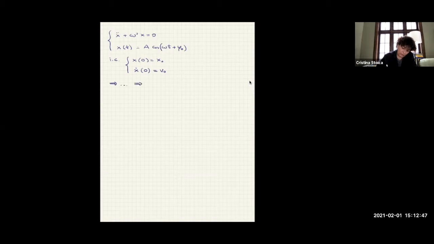It's just algebra. You're going to find that A is the root of x naught squared plus v naught squared over omega squared, and tan of phi naught is minus v naught over omega x naught.